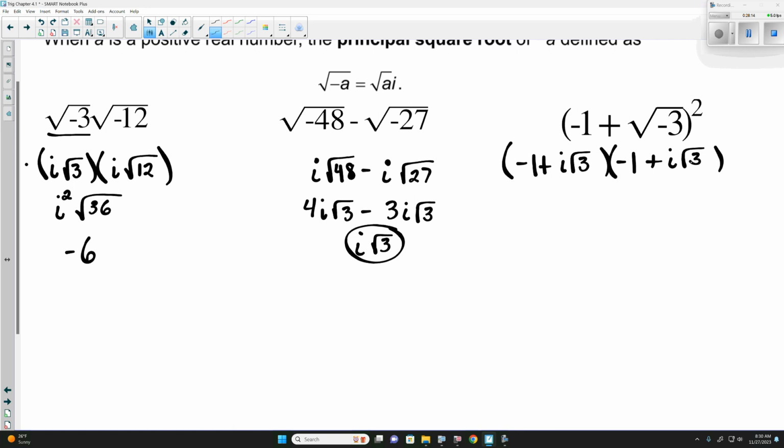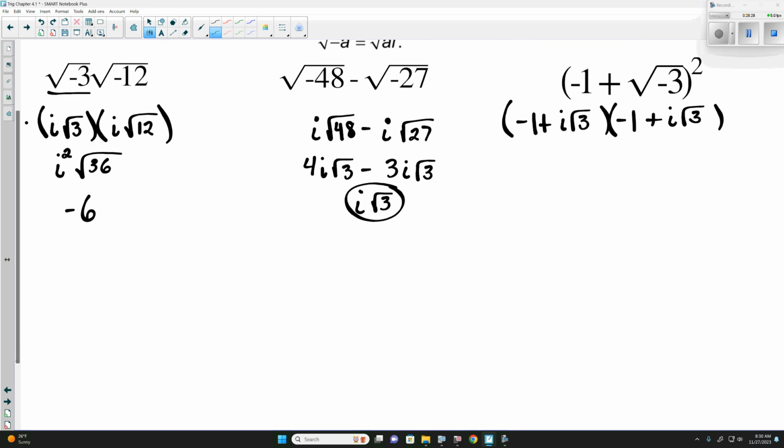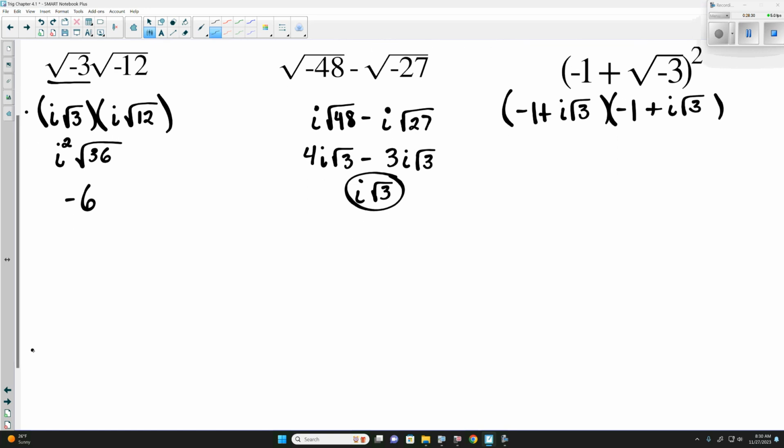Now at this point it'd be very tempting to want to throw this into the graphing calculator, let it do it for us. But the square root of 3 does not simplify, so that does throw a little wrench in there. And the i term does make things a little interesting also. But we can go on and do our distributive property.